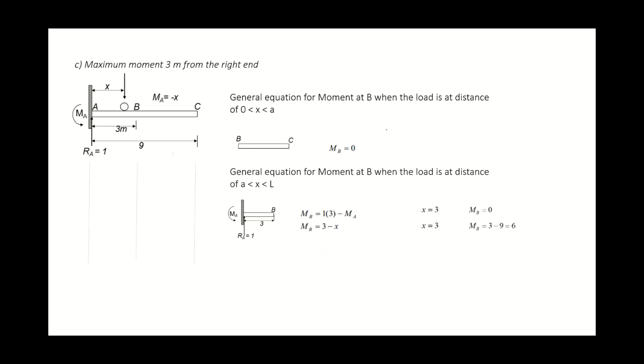At dito kasi at X is equal to 0, MB is equal to 0, at X is equal to 3, MB is equal to 0 kasi nga 0 siya. Now, here at X is equal to 3, MB is 0, at X is equal to 9, MB is equal to negative 6. Check natin.